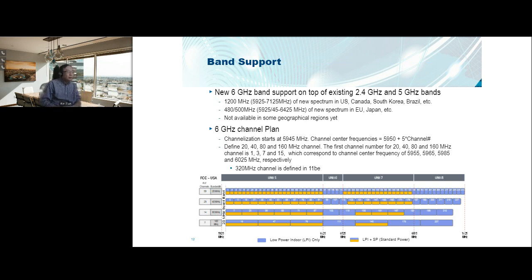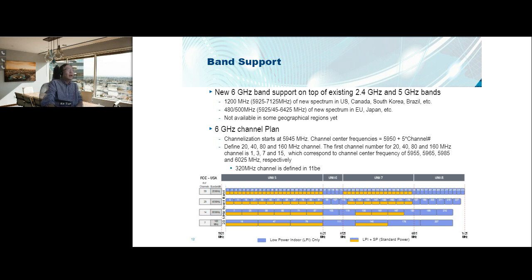So the first big change for 11ax is the introduction of new 6 GHz band support on top of the 2.4 and 5 GHz bands. Most people are familiar with wireless LAN, the IEEE standard or Wi-Fi, and know the current products already support 2.4 and 5 GHz.